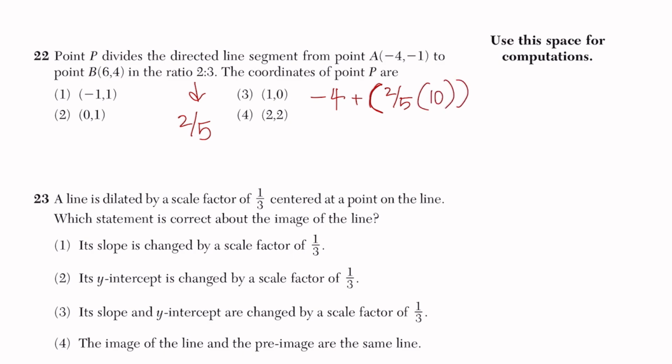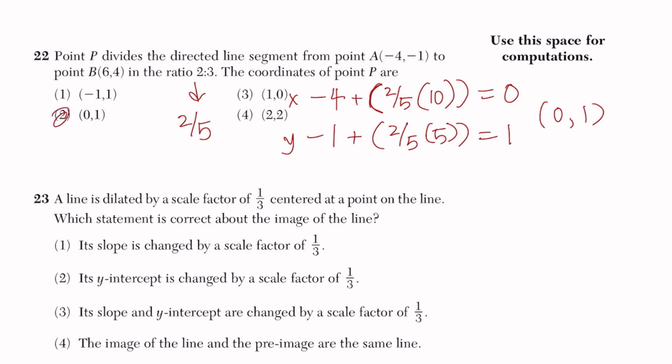So this whole segment right here is 2/5 of the distance. Add that, and you get 0, right? And for the Y, it's -1 plus, again, 2/5 of the Y distance, which we know is 5. So after you solve that, you get 1. So then you just get the coordinates 0, 1, because this is the X and this is the Y. So the answer would just be 2.